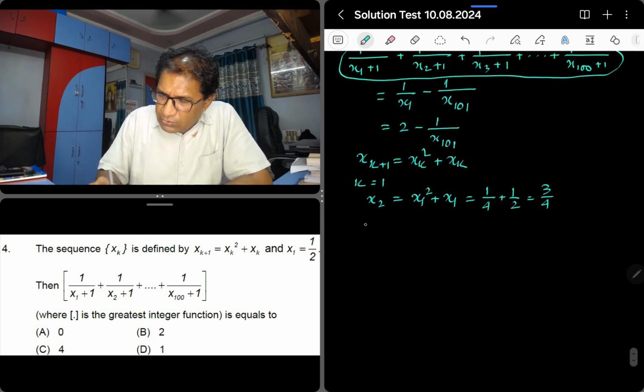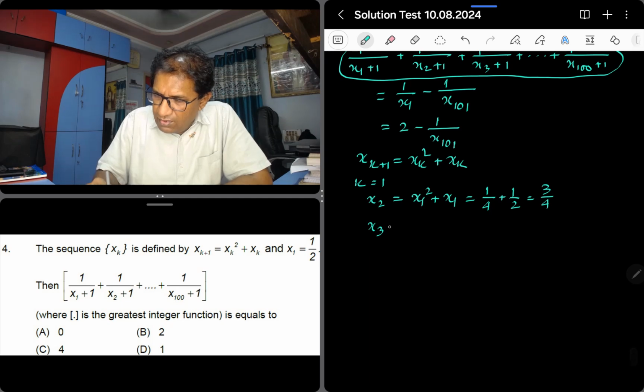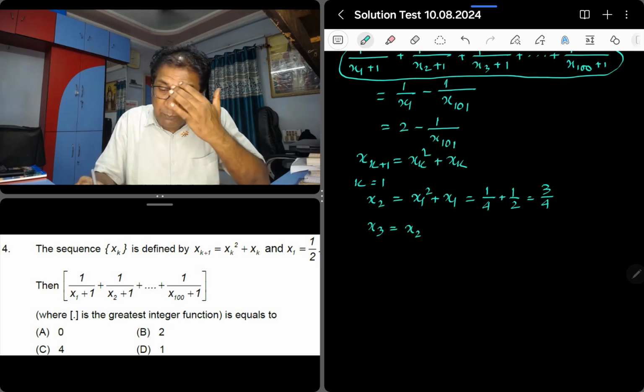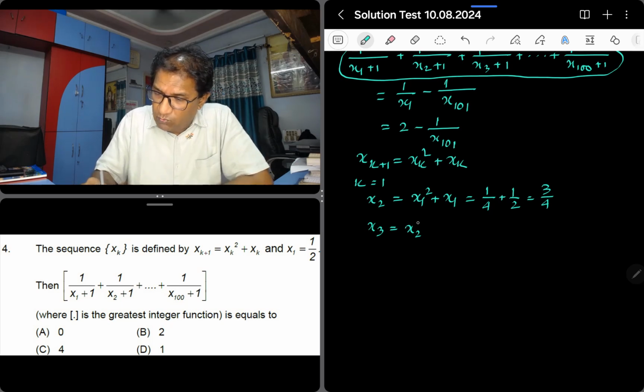Now if I put x3, we are going to have, in place of k, I am putting 2. So we are having x3 equals to x2 squared plus x2. Now x2 is 3 over 4.